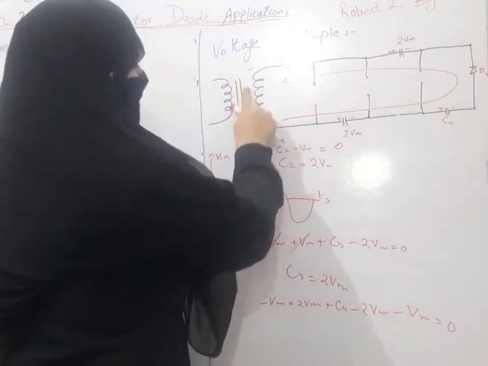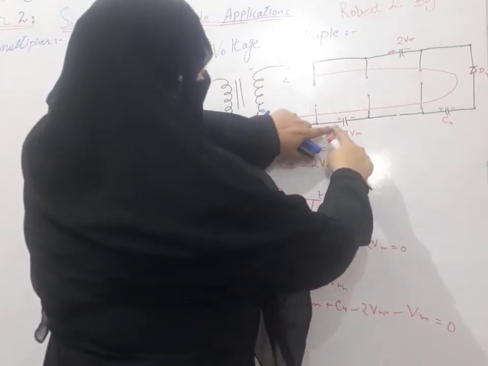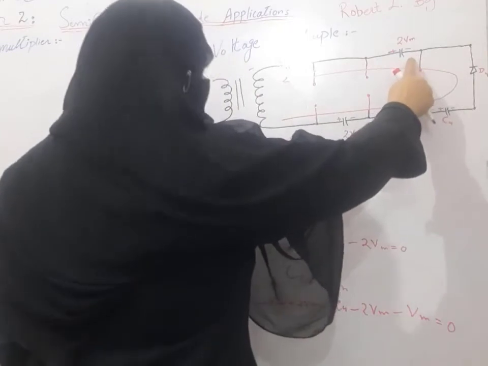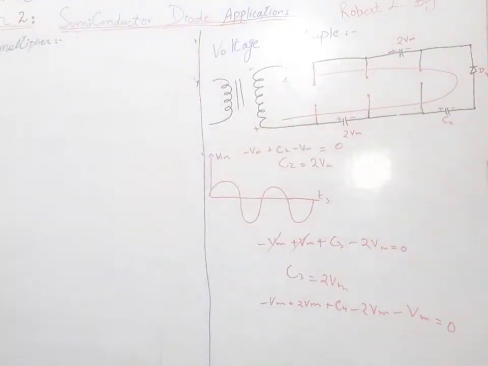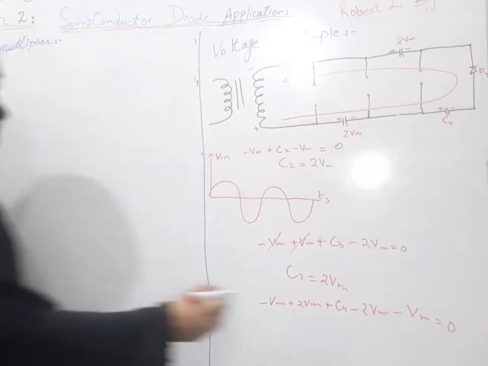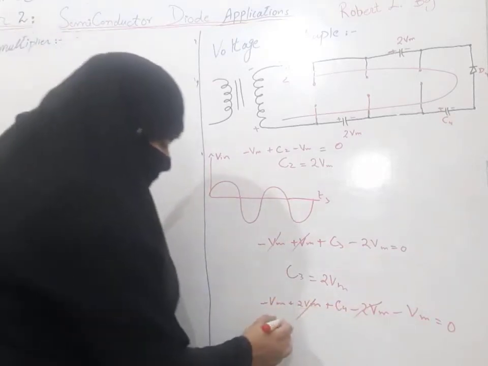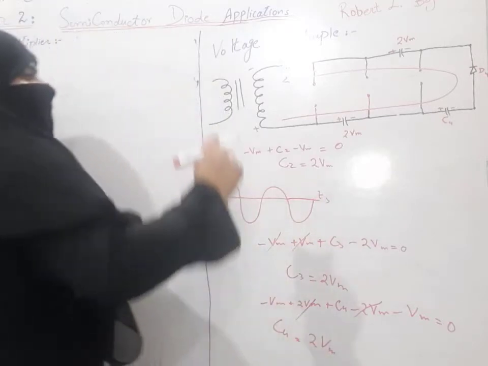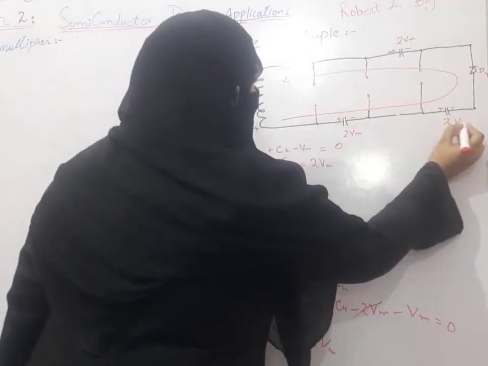There will be minus Vm plus 2Vm plus C4 minus 2Vm minus Vm. This minus 2Vm will be cancelled out by this plus 2Vm, and C4 will be equal to 2Vm. So our capacitor C4 is charged to the level 2Vm.